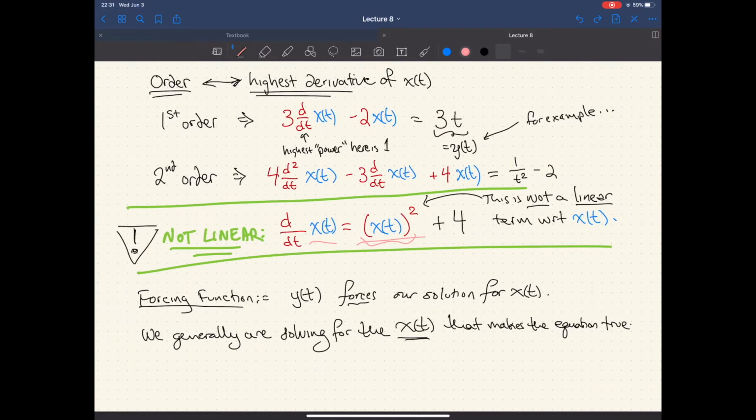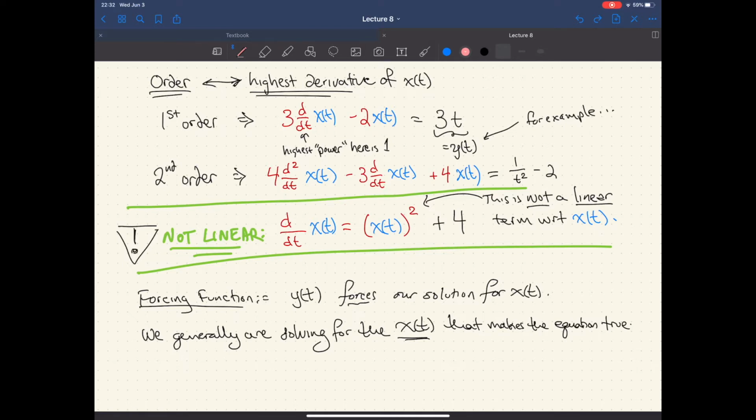Here it's something applied to x, but this is not quite just tacked on to it, right? It's not a linear operation. That box does not preserve x in that fashion. There are more rigorous rules and proofs for the definitions of linear, but that's not the focus of this course as much as I would like it to be. But we won't get into that too much.